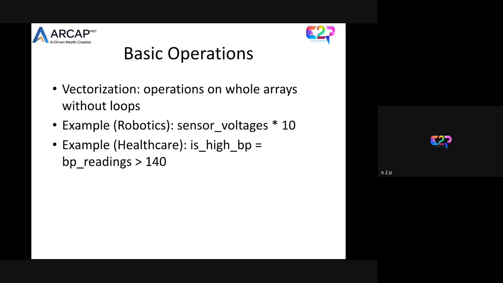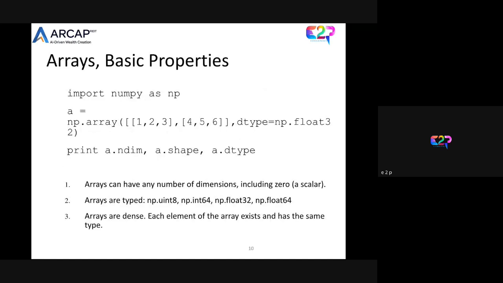And in healthcare, say, high BP: if you want to check all the patients' BP values in an array, and check who has BP greater than 140, you can check with a simple operation. That is the advantage of NumPy.